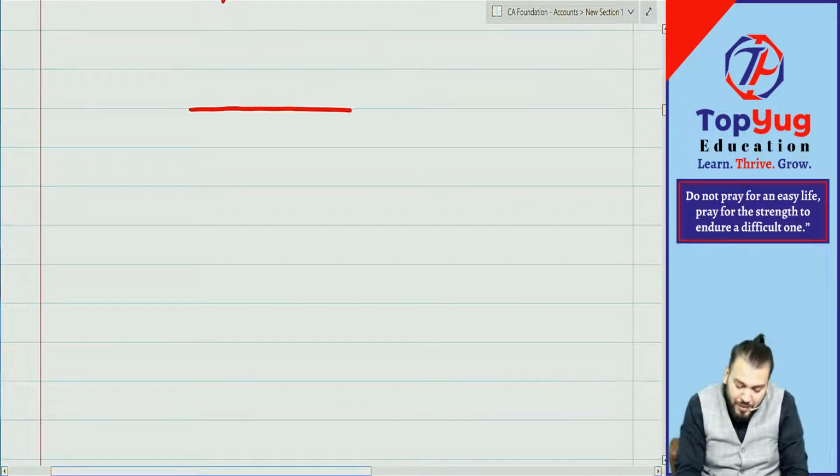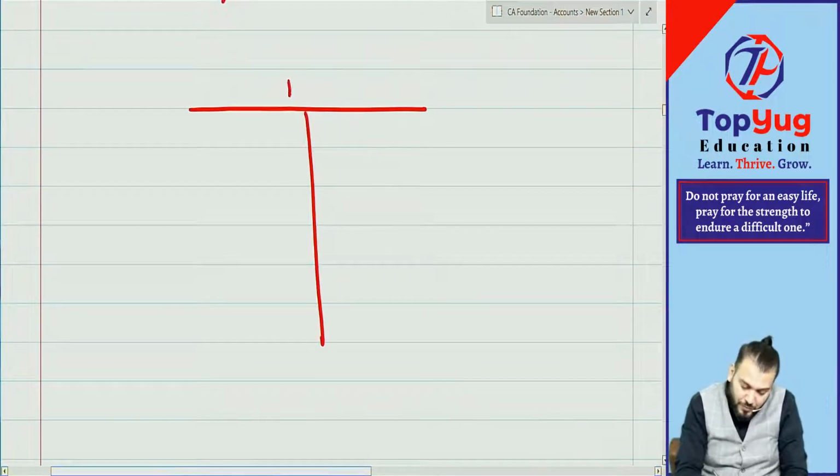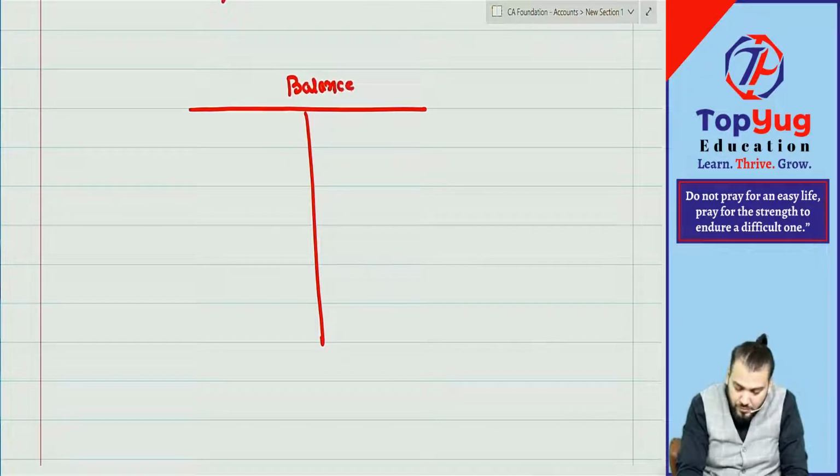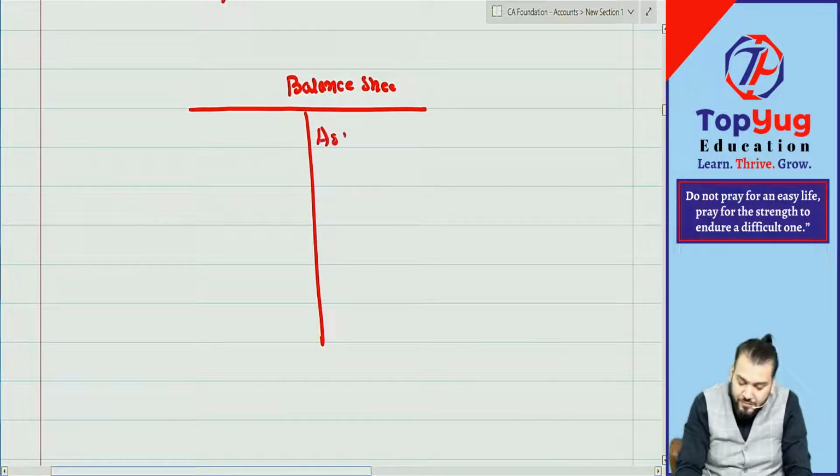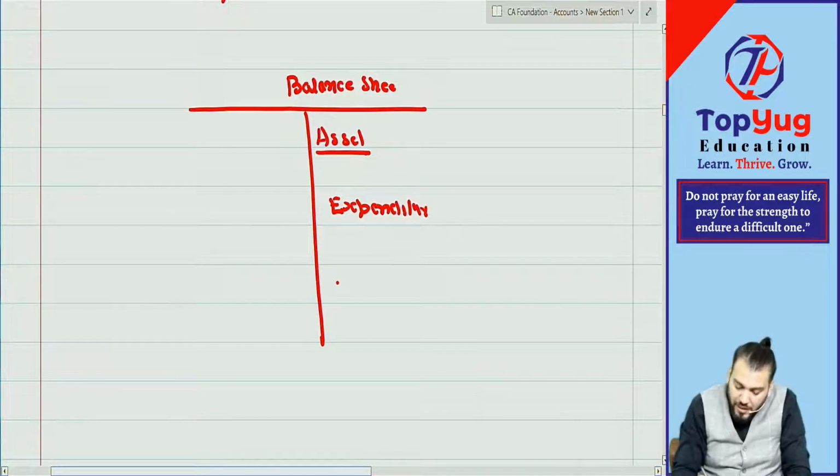Now, if I prepare a balance sheet, on the asset side there can be an expenditure or there can be a person.